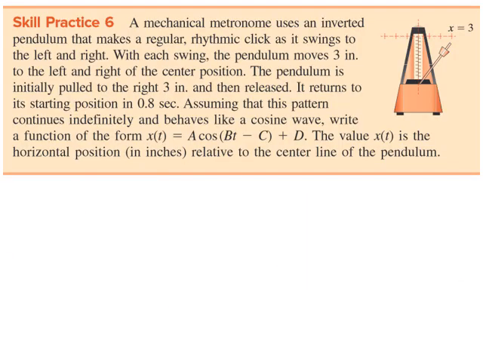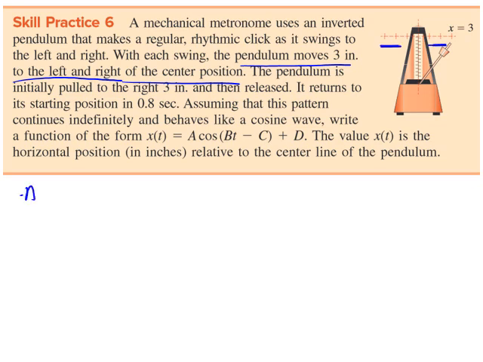There's one last example I want to show you. Go ahead and pause this and read through it real quick. What you will find is that the pendulum moves 3 inches to the left and to the right of the center position. So this is a little bit different, but we know it's moving right and left 3 units.